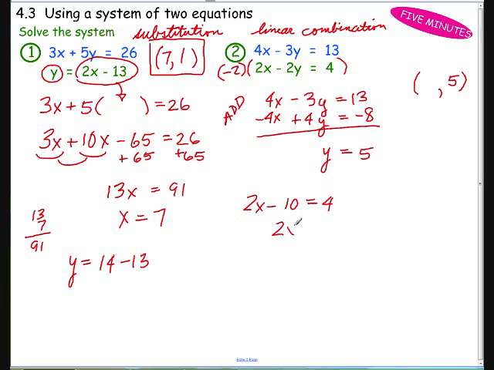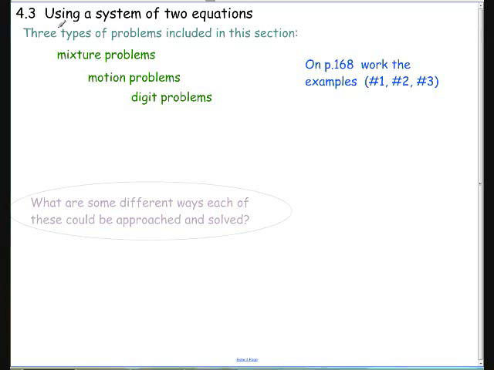So 2x, I'm going to add 10 to both sides. x is equal to 7. So there's my point. So we've used both. It's a little review we've done. Using a system of 2 equations.